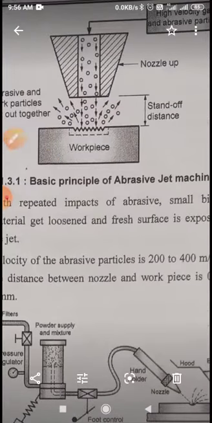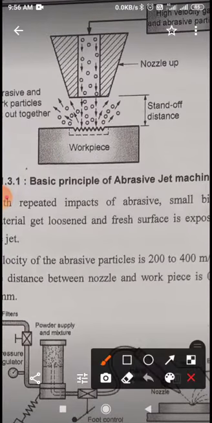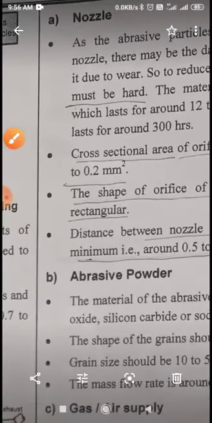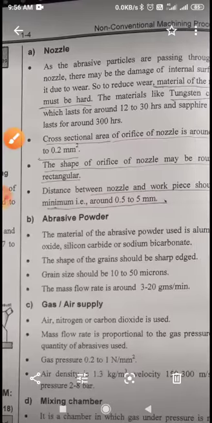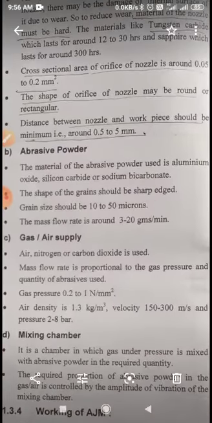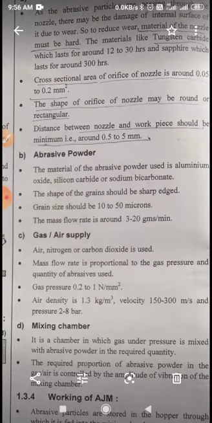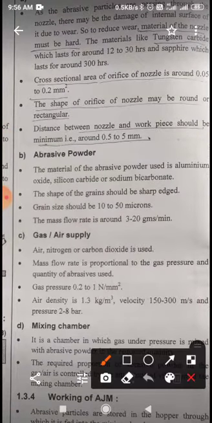This diameter is the orifice diameter, which is 0.05 to 0.2 millimeter square. The shape of the orifice may be round or rectangular.